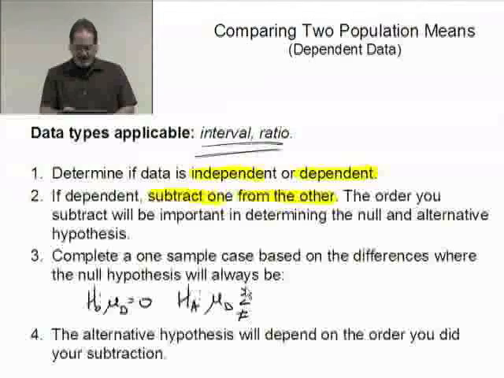You'd never write an alternative hypothesis with all three of these. That's like mass confusion. What the heck does that mean? I'm writing it here so you get the idea that it will be one of these depending on your scenario, your situation. And again, the alternative hypothesis will definitely depend on the order that you did your subtraction.